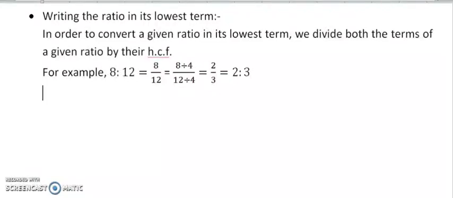Okay, so in this way you can reduce to the lowest term. Yes or no? Reducing to the lowest term means we look at the first and the second term of the ratio 2 is to 3. The HCF of both the first and the second term must be 1. Clear?